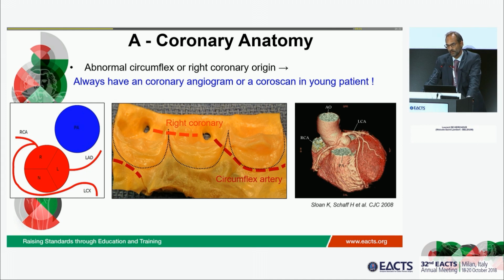And then if you have to dissect the aortic root, you will have a problem because you will cut it. So it's better to know if the patient presents this feature. Abnormal circumflex artery arises from the right coronary ostia and passes behind the aortic root, just at the level where you will probably place proximal suture line stitches.